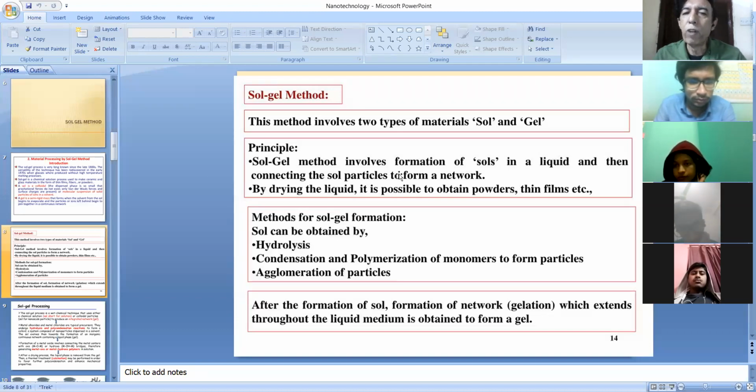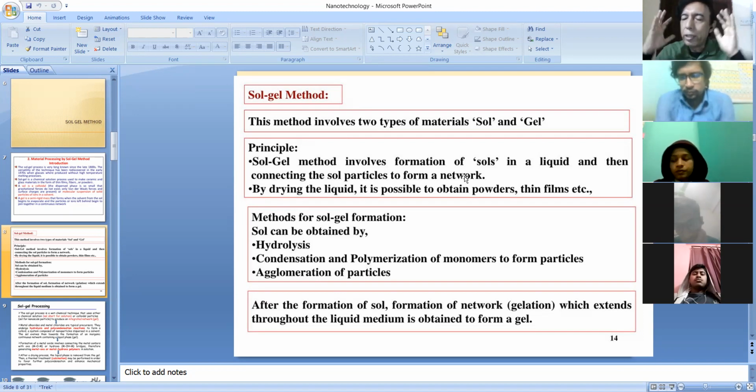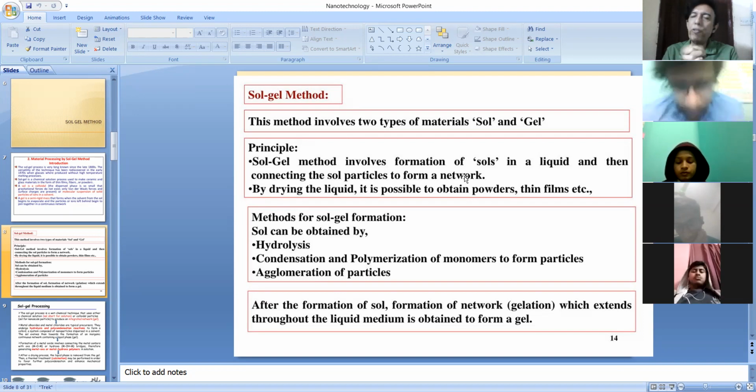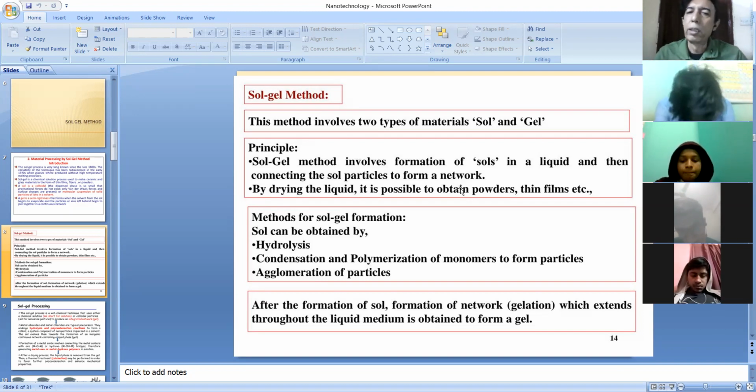The sol-gel method involves the formation of particles in a liquid and then connecting the particles to form a network. If particles are connected to form a network, then it forms a gel. And by drying that liquid, you will get powders or thin films, etc.